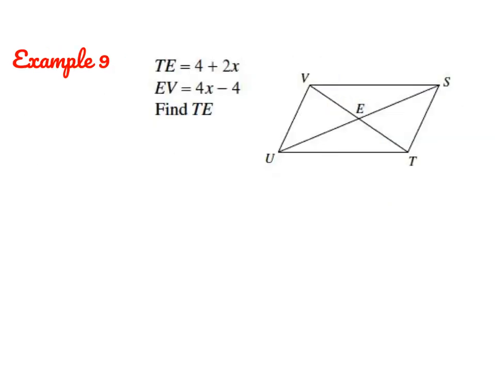Okay, last example. Here, we are told that TE is 4 plus 2x. We are told that EV is 4x minus 4, and they would like us to find TE. So once again, I see that we have a pair of diagonals that are intersecting. So I'm going to use the fact that diagonals bisect each other in parallelograms.